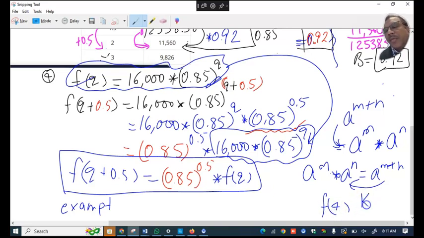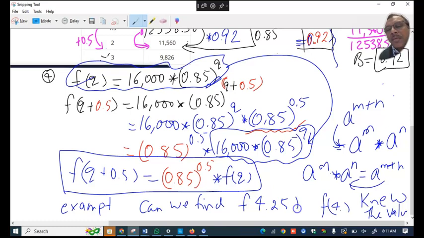If you knew f of 4, then can we find f of 4.25? All you do is just multiply. So this is like a formula. The decay factor for every year is 0.85.